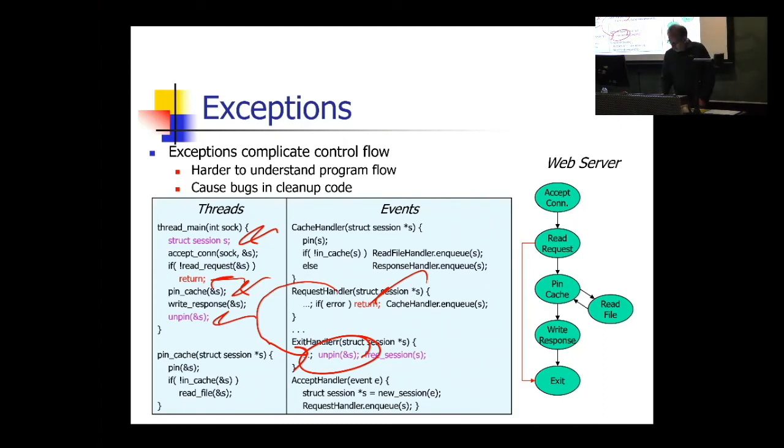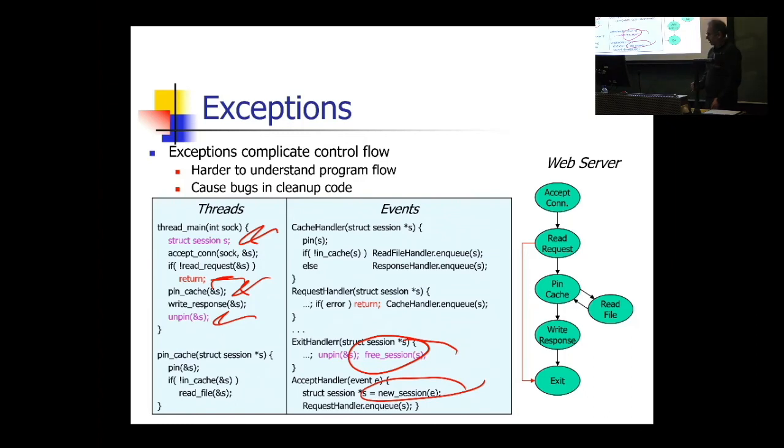Or, if I don't end up in the exit handler, because I've come out through some other exception path, okay, then I may not end up freeing something that's allocated earlier on in a different event handler and sort of passed around on the stack. So we get some implicit allocation management by using a thread model with local variables, that you have to explicitly manage in the event model.